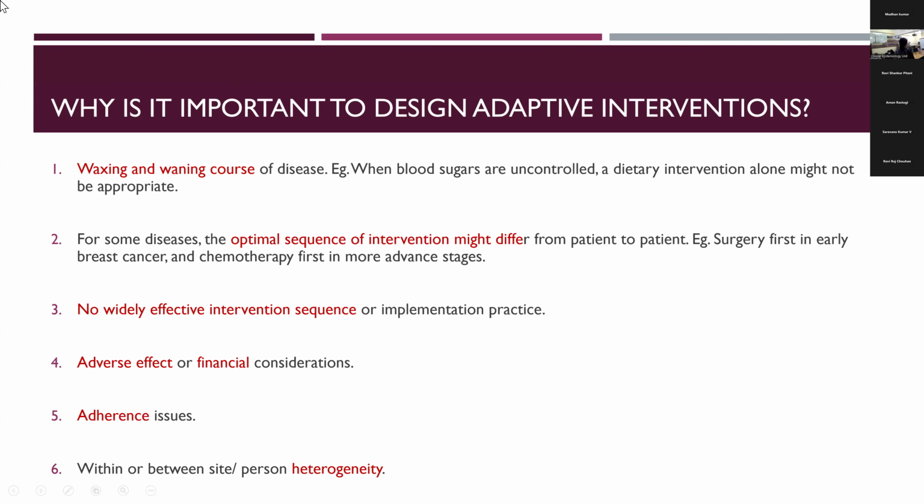This is just an example, but probably people will not adhere to that kind of scenario. So you might want to investigate whether less frequent group therapy is as effective as more frequent individual therapy. And if there is a lot of between or within site heterogeneity.